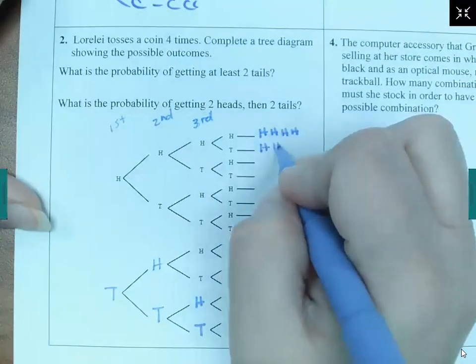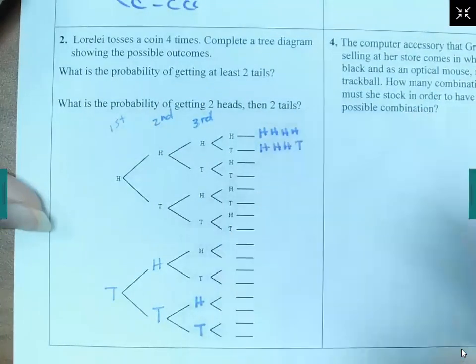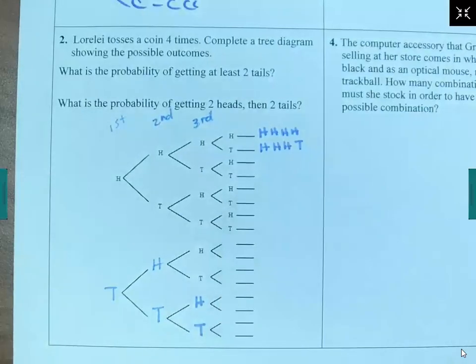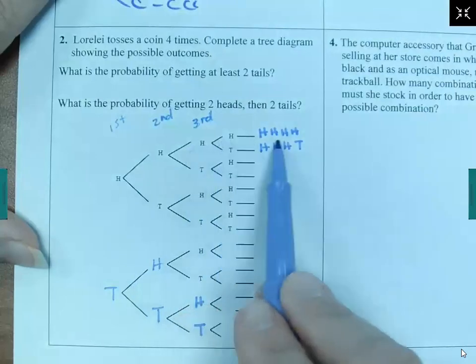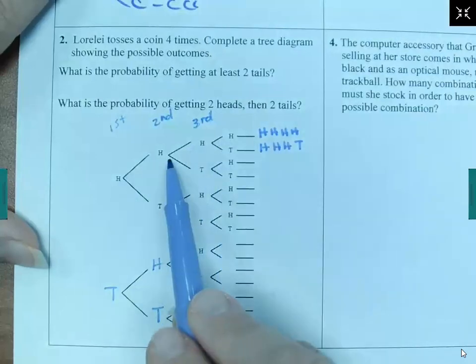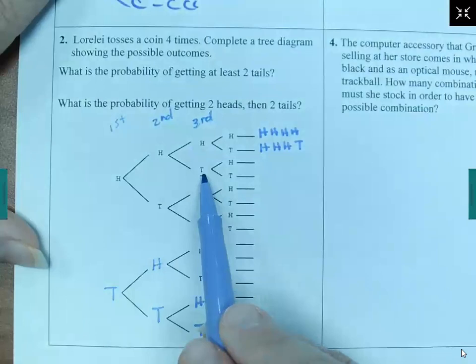And so the next one's going to be... anybody not seeing where I'm getting that? And look, we're just following the branches.